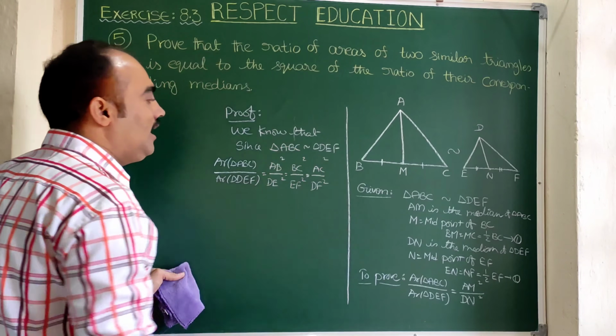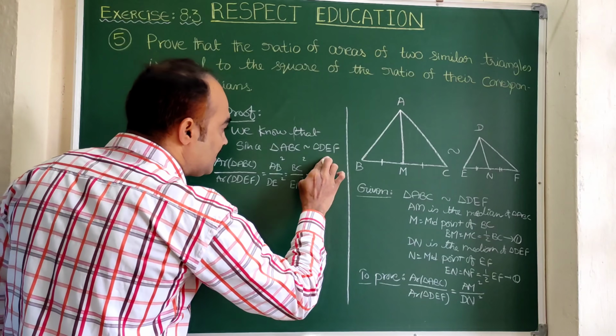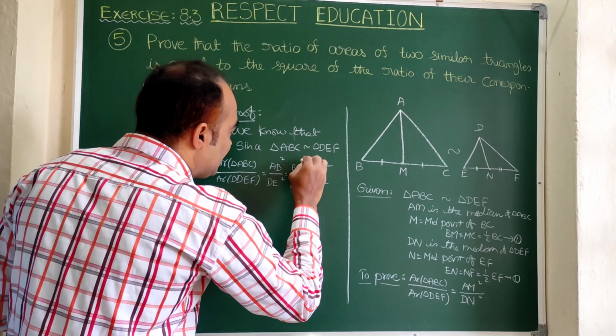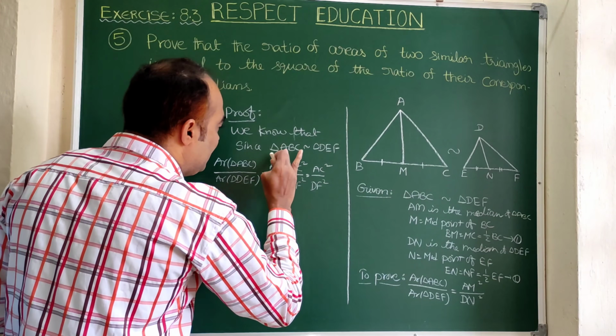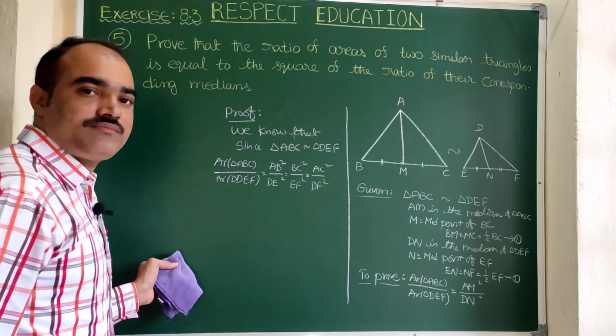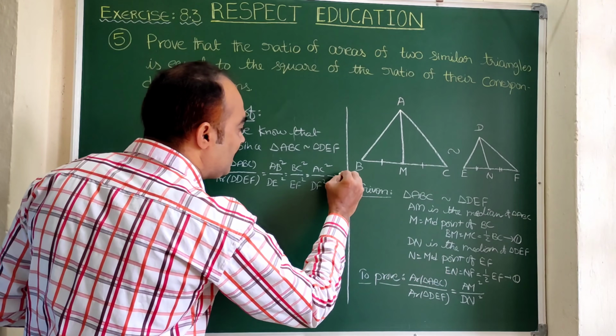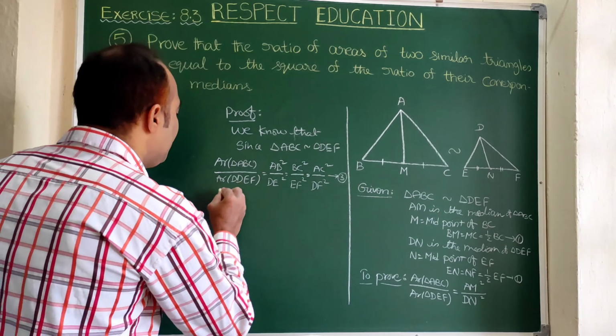This is already a known theorem for us. So let us write clearly AC square, BC square, and AB square. Let us consider this as equation number 3.